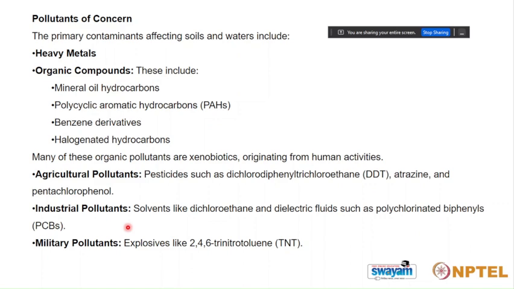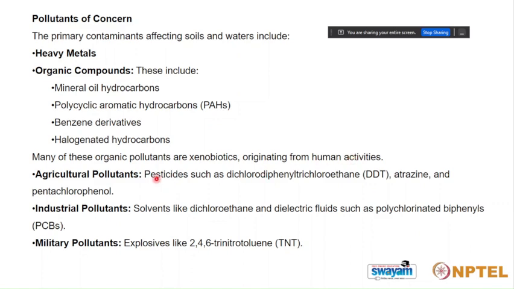And in organic contamination, a wide range of organic compounds like hydrocarbons, polycyclic aromatic hydrocarbons, benzene derivatives and halogenated hydrocarbons serve as organic contaminants. All these organic contaminants arise from anthropogenic activities.